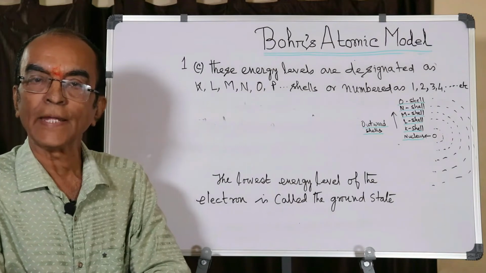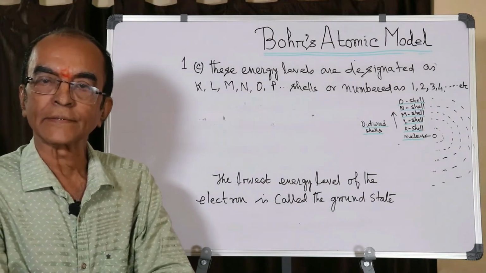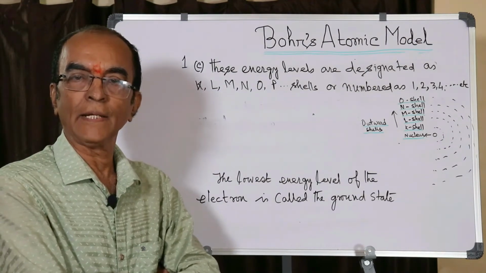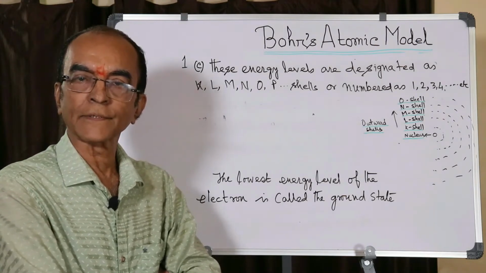According to the energy level, these shells are arranged. The lowest energy level of the electron is termed as the ground state level.